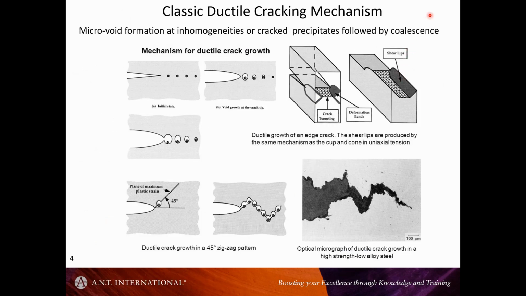As far as the transgranular mode of cracking is concerned, conventional wisdom has it that typically, if you have a crack to begin with and you have inclusions in the material, the crack will tend to propagate along a plane where the density of the inclusions is highest.